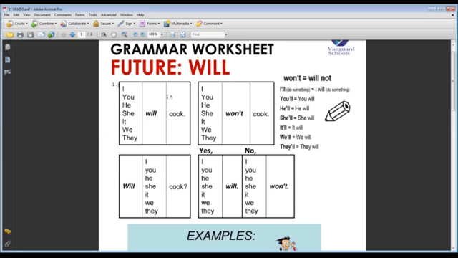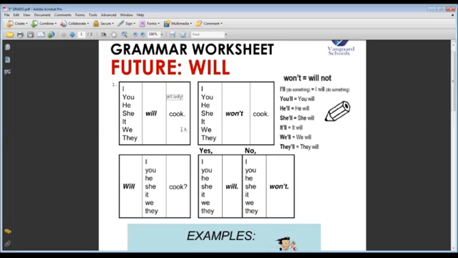Voy a utilizar otro verbo. For example, I want to use study, ¿ok? Study. So I can say, I will study English. Yo estudiaré inglés. You will study. Tú estudiarás. He will study. Él estudiará, etc. Okay?